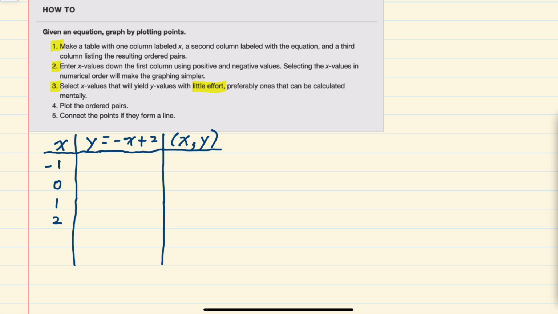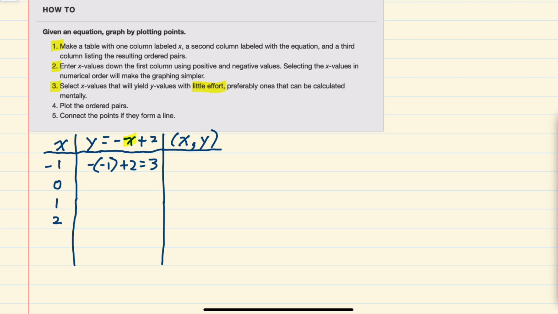So we can use these values that I chose for x and substitute them in for x to find our y values. So I can see that when x is negative 1, this would be negative x, replacing x with negative 1, plus 2 would give me a positive 1 plus 2, which would be 3.